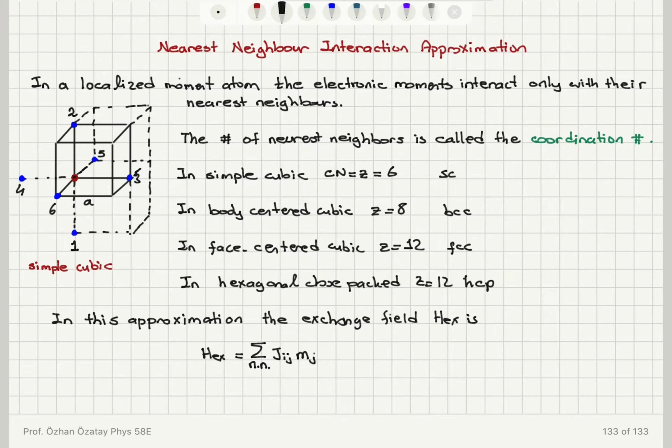This is the exchange field that is felt by the ith moment. We count the contribution from all nearest neighbors.